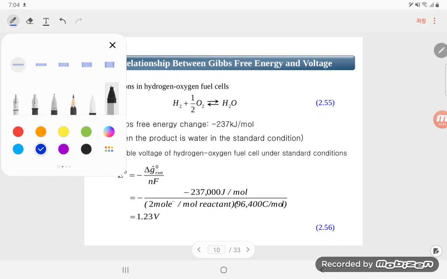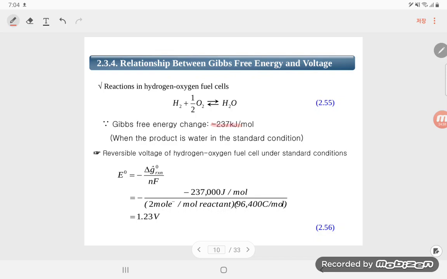You can find minus 237 kilojoule per mole. So from this Gibbs free energy change, we can calculate the reversible voltage of the fuel cell. So let's assume the product is water in the liquid form.